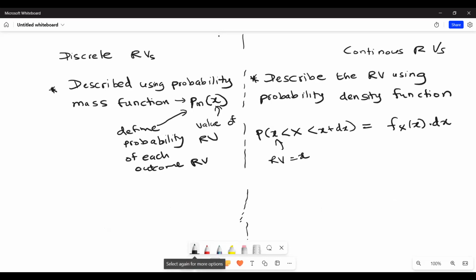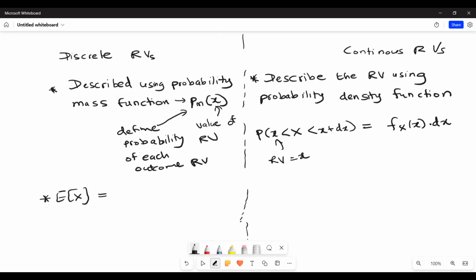These will basically be like finding the expectation value of the random variable. How to find the expectation value of the random variable, right?